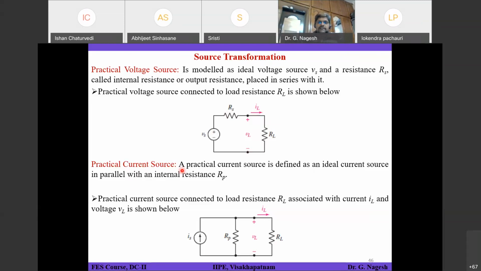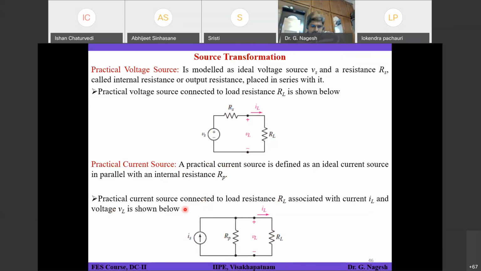How to model it: a practical current source is defined as an ideal current source in parallel with an internal resistance. The internal resistance I am considering is RP. You can call it RS also. So how to draw the circuit? It will be in this fashion. Same load resistance we are considering just for representation.